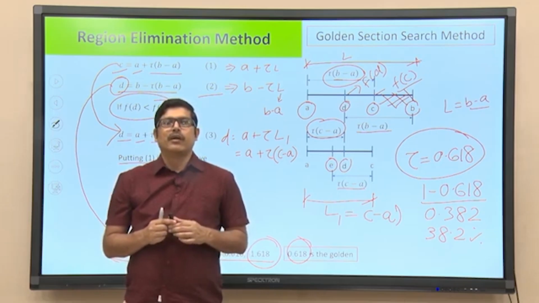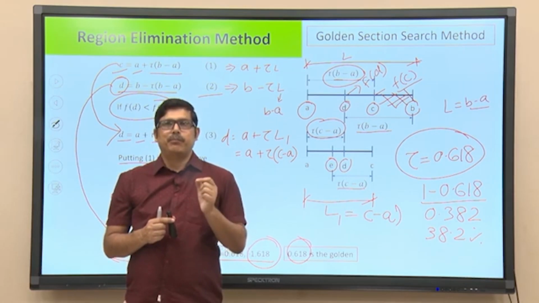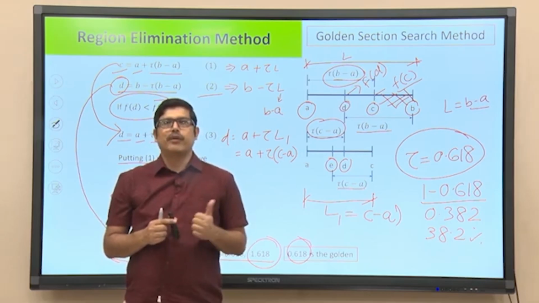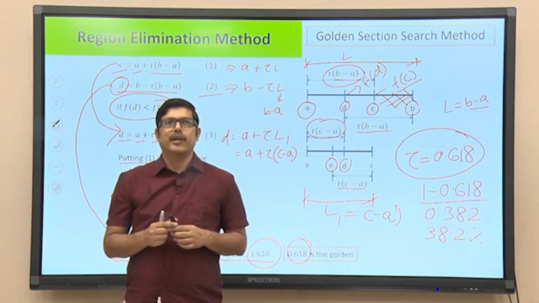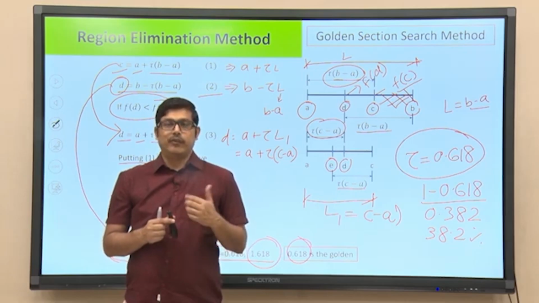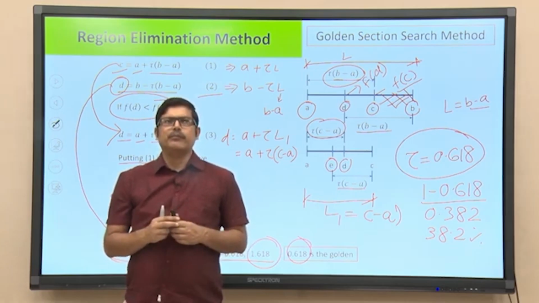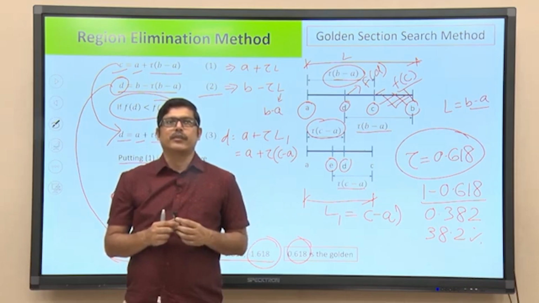Therefore, the area eliminated per function evaluation is 25%, and in this case it is 38.2%. So, if you compare these two methods, the golden section search method is more efficient.